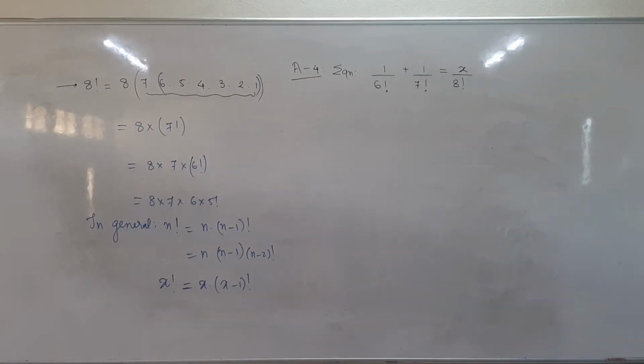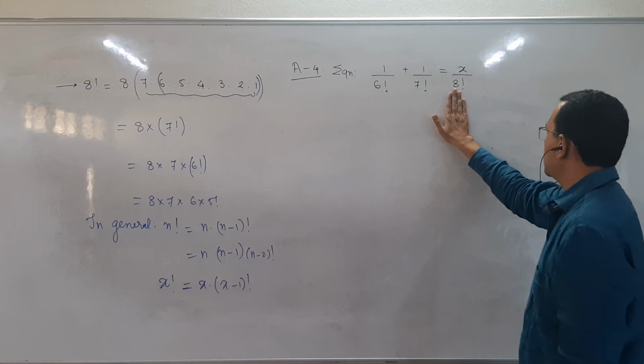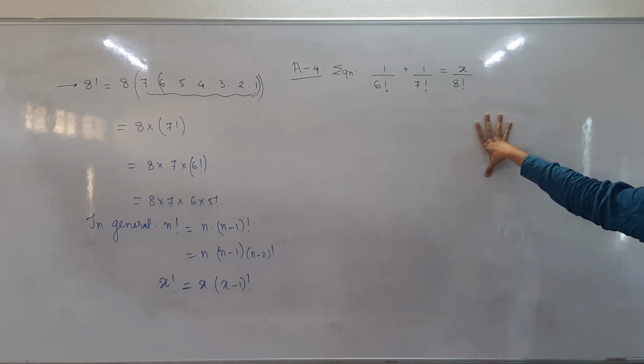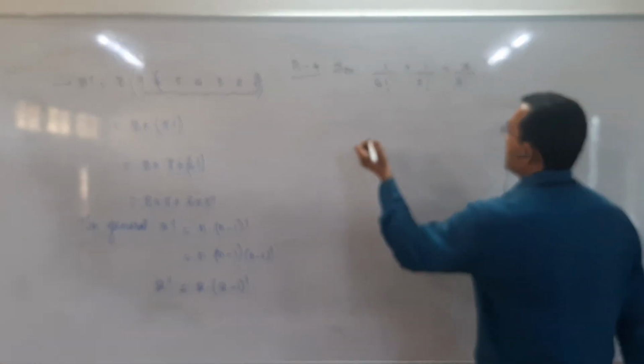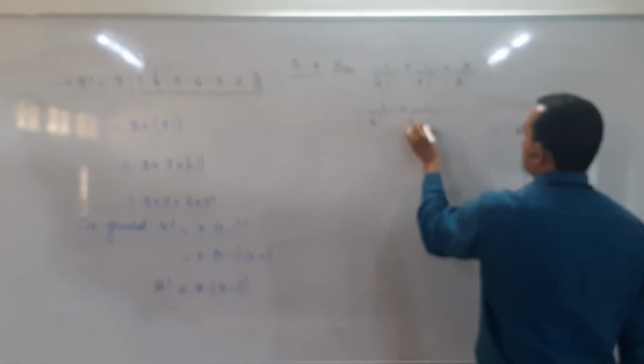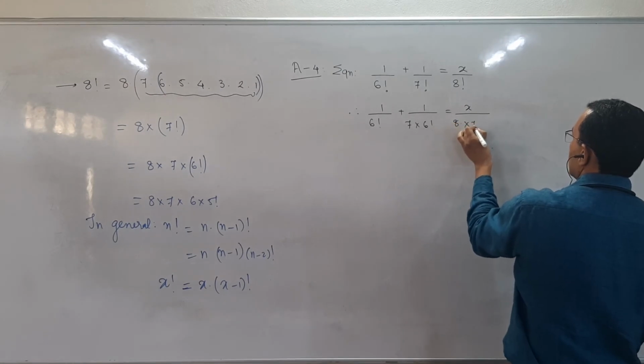So, first of all, check what factorial terms we have. We have 3 factorial terms, 6 factorial, 7 factorial and 8 factorial. Greatest is 8 and least is 6. So, simplify greater factorial terms up to smaller. So, my 6 factorial is the base, keeping as it is. 7 factorial is 7 into 6 factorial, and 8 factorial is 8 into 7 into 6 factorial.